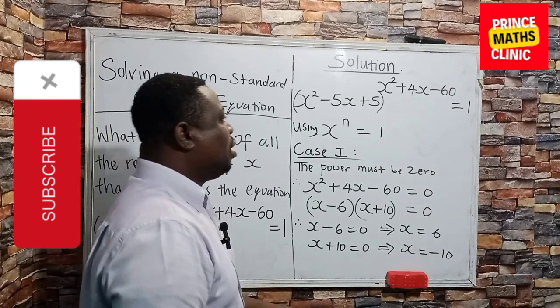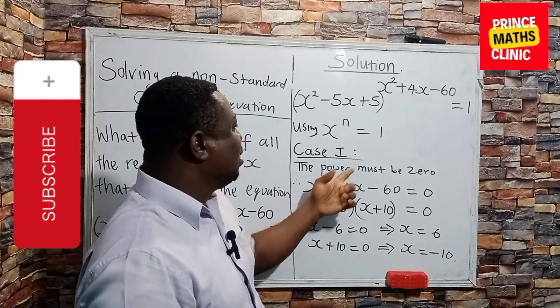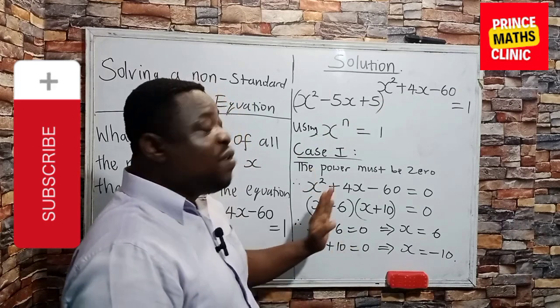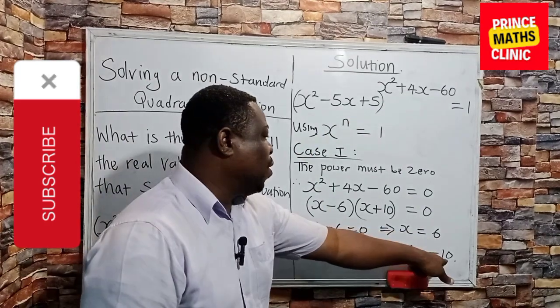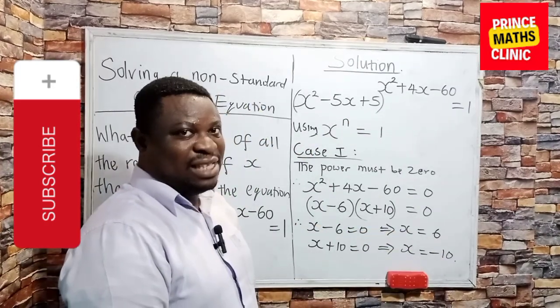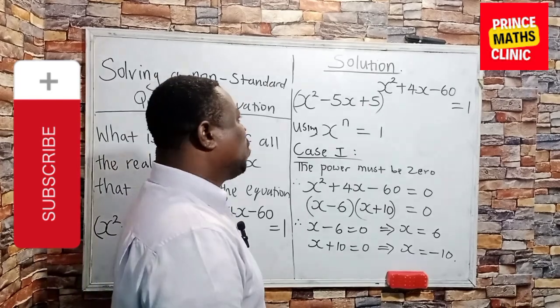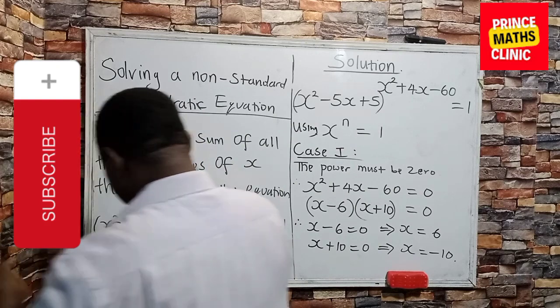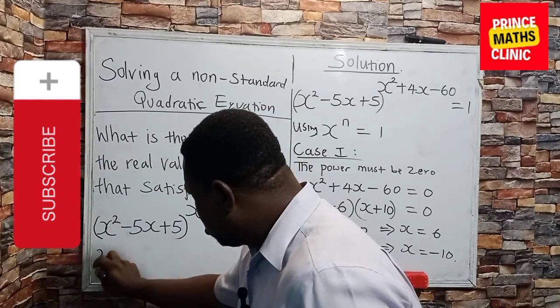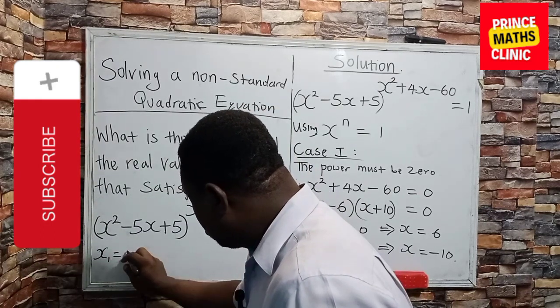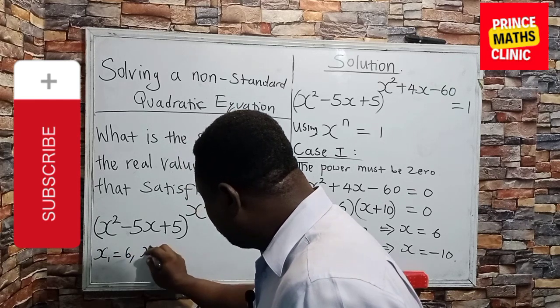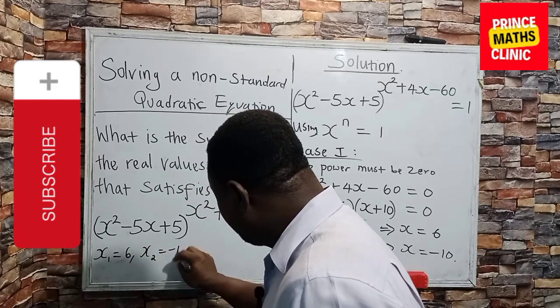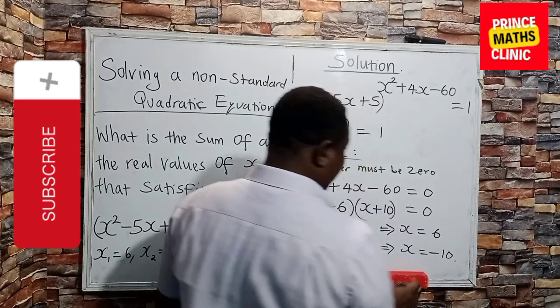So if the power is 0, the value for x will be 6 or minus 10. I'm going to document that somewhere. I'm going to call my x1 6. I'm going to call my x2 negative 10.